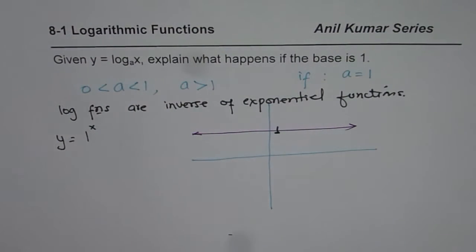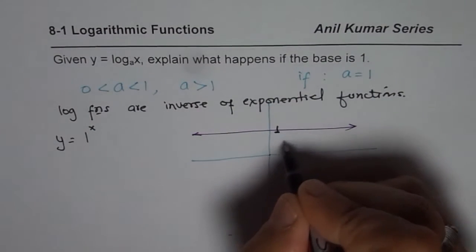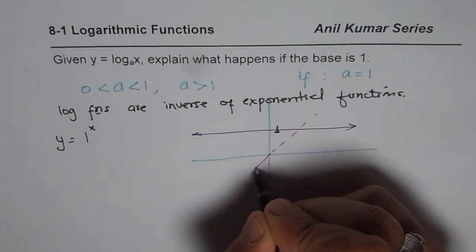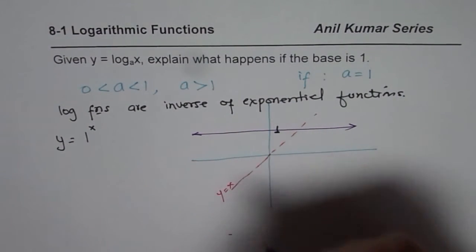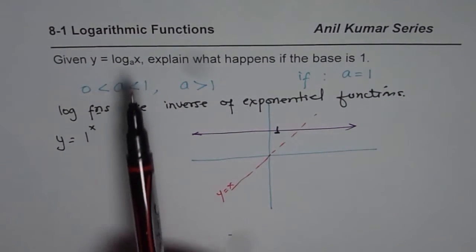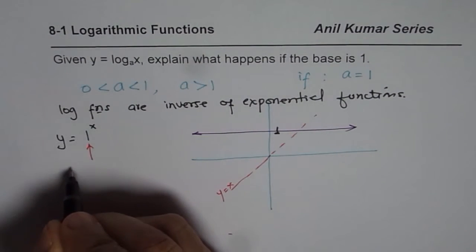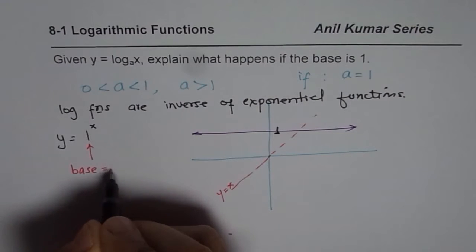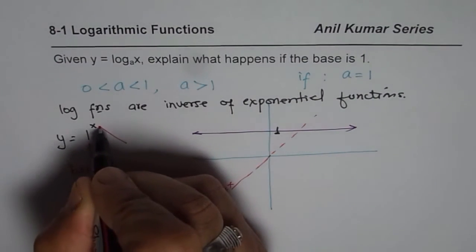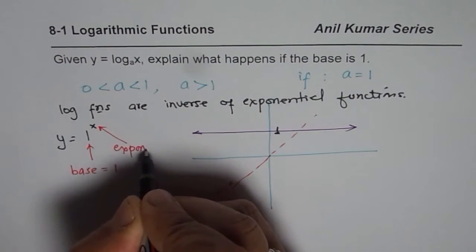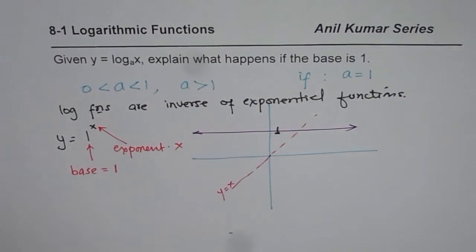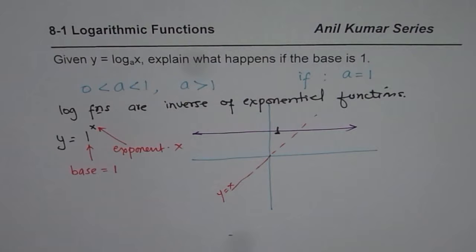Now since logarithmic functions are inverse, we can reflect this line on the line y equals x to get the log with the base. Here the base equals 1 and the exponent is x, correct? So when you reflect this line, what do you get?